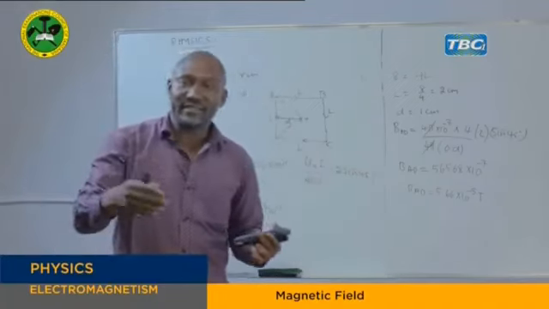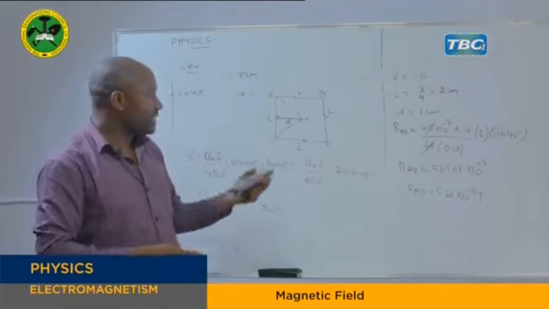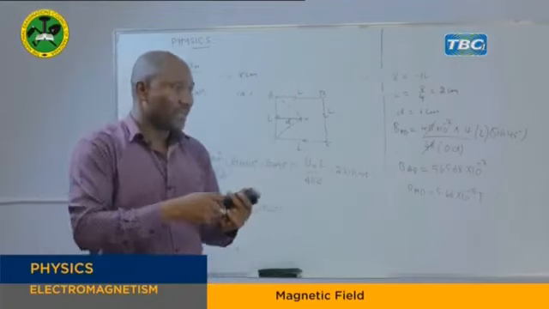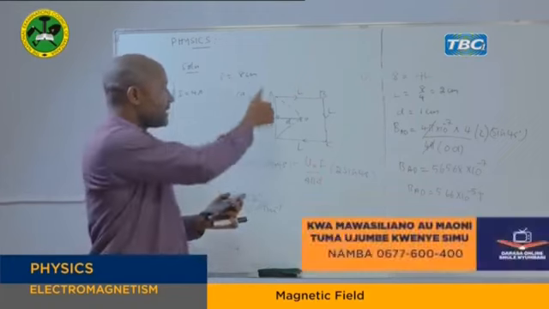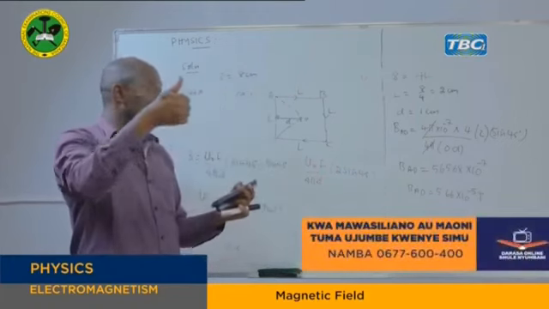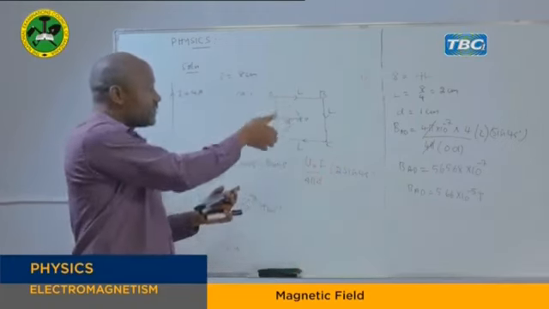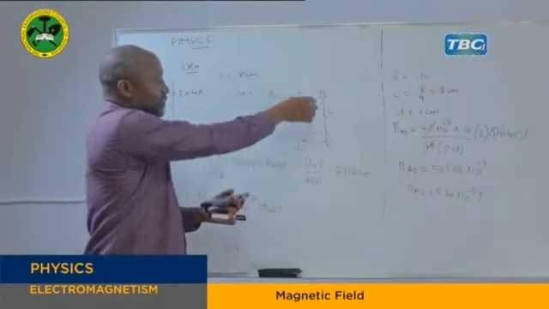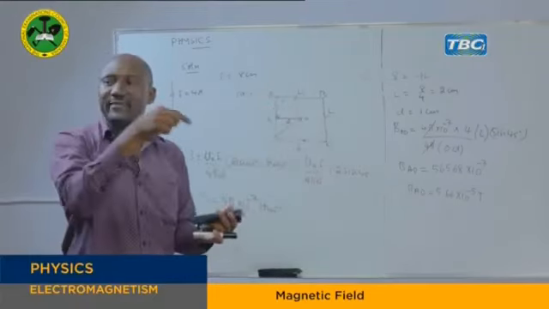So to get the magnetic flux density for the whole loop, you multiply by 4. Because you remember, if the current is moving upward, the direction of the magnetic field will be pointing in. If you change sides, at any point you choose, the magnetic field will be pointing in the same direction.